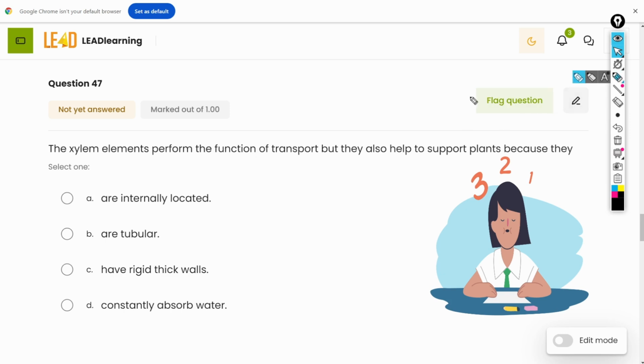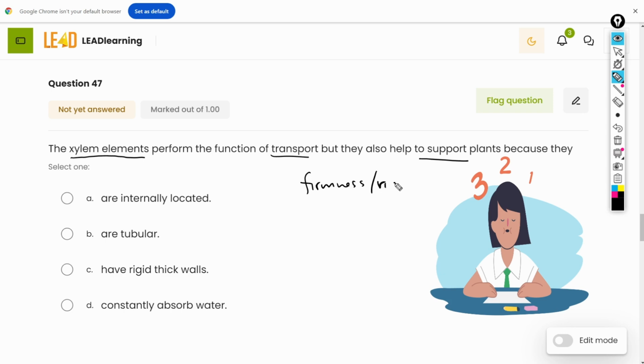Question 47. The xylem elements perform the function of transport, but they also help to support plants because now, to be able to carry out the function of support, a tissue or an element involved in this function should have rigid, thick walls, so that it will provide firmness.